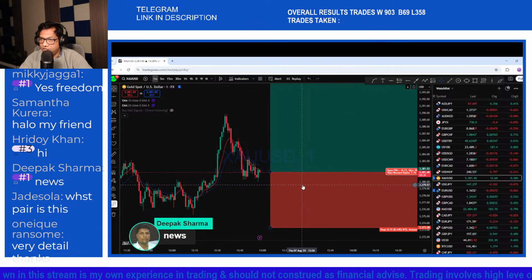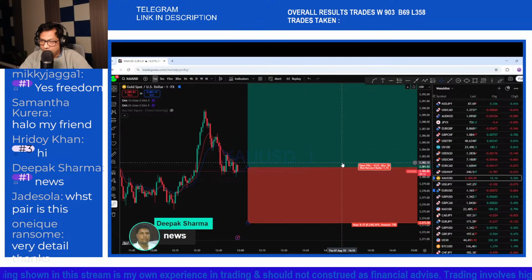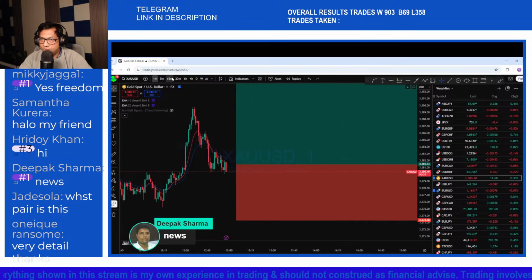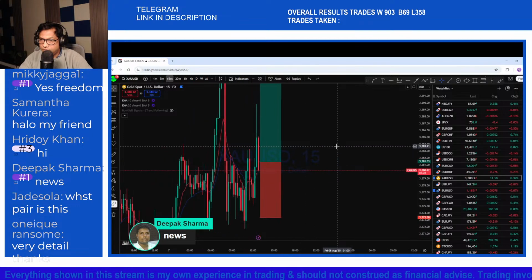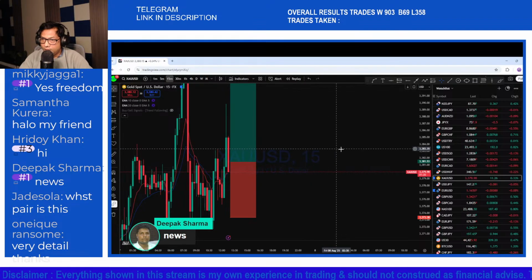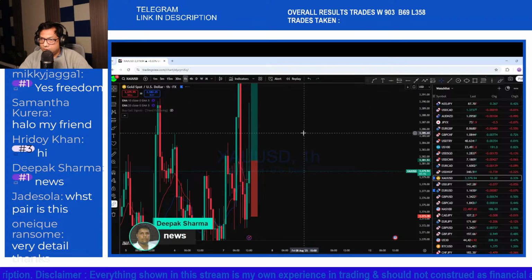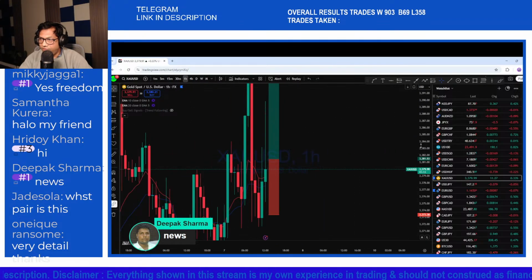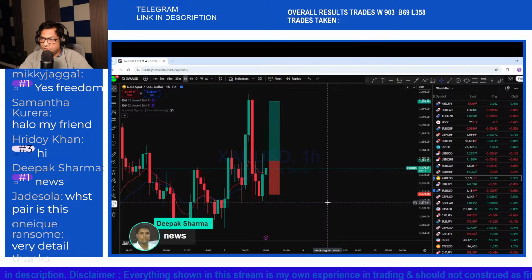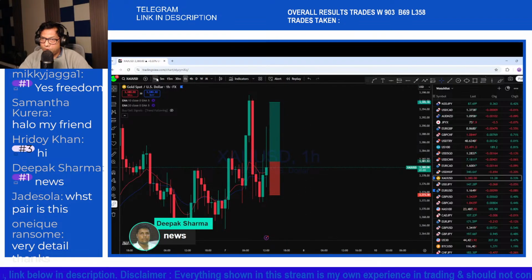This is a 1 minute chart here, where you can see the price potentially trending back again to the upside. Now the 1 hour candle is closing in 1 minute 15 seconds, and this candle I'm expecting to close as a bull move.